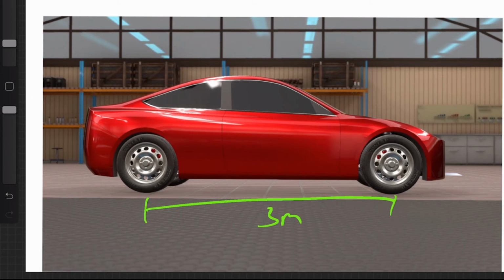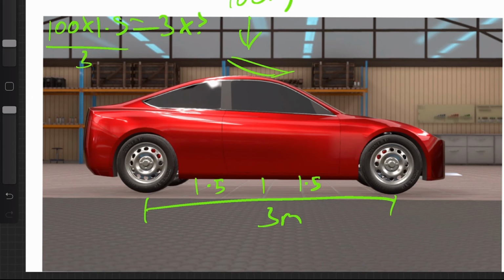Suppose now we move the wing so that it was in the centre. Once again, same wing that was producing 100 kilograms of downforce, right at the centre of the car. So that means that there's 1.5 meters either side. This makes things nice and easy because it's the same force on both wheels. 100 kilograms times 1.5, because that's the distance away, has got to be equal to 3 times something.